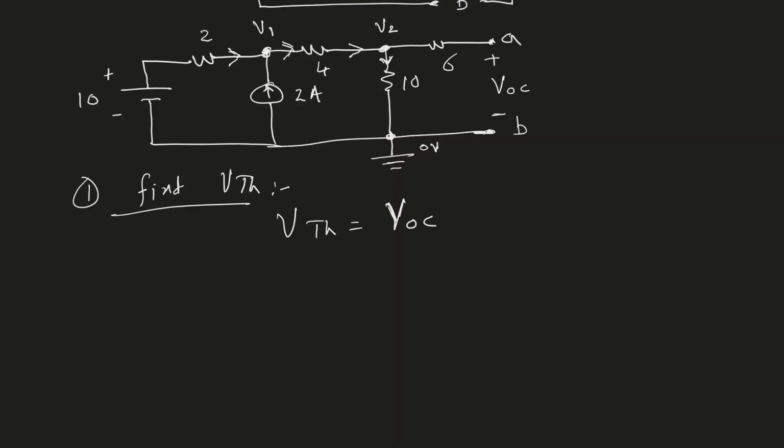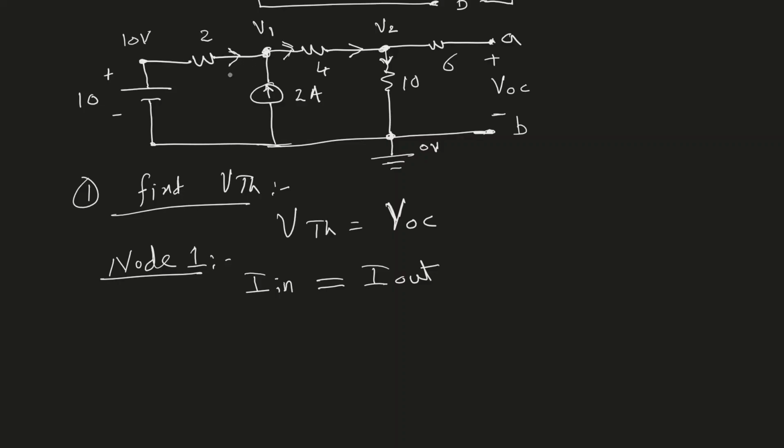Now let's focus on node 1. At node 1, according to KCL, the current that is entering the node should be equal to the current that is exiting the node. Current in must be equal to current out. Now remember, we have 0 volts on the bottom wire. Therefore, the voltage over here must be 10 volts. On the other side, I have V1, and the resistor is 2 ohm.